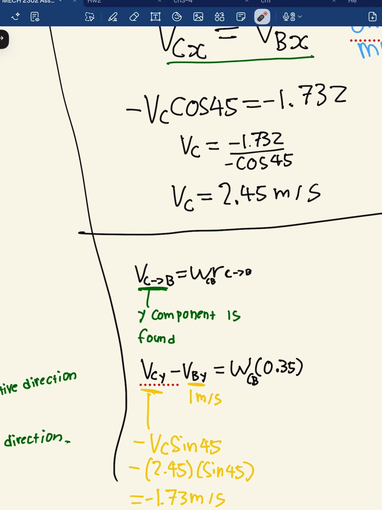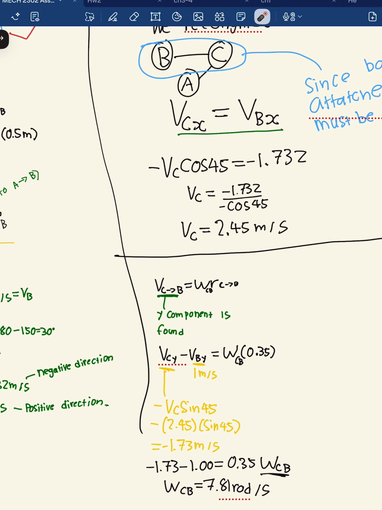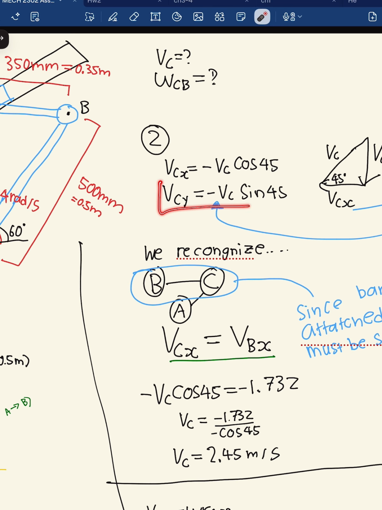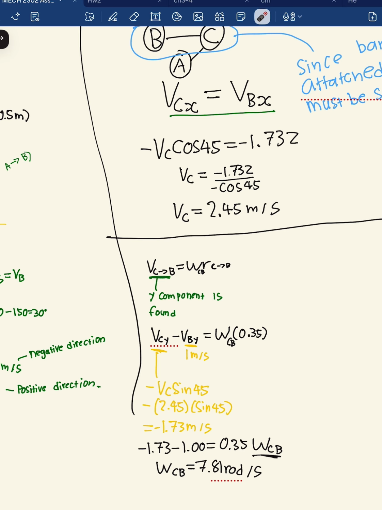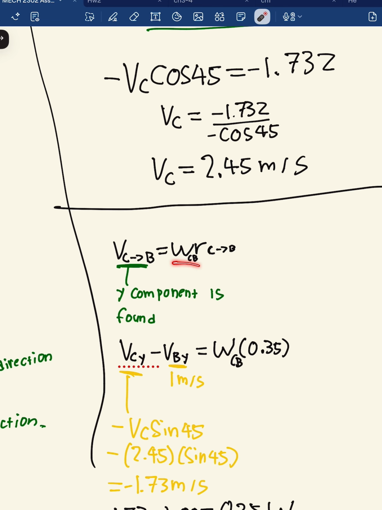Also, given that using this value, we can solve for velocity y component of velocity c, and using those, we can solve for angular velocity of c relative to b, using the equation v equals angular velocity times radius.